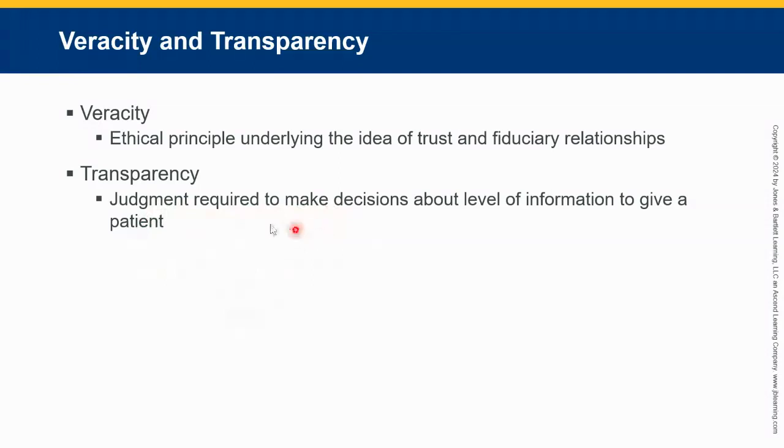That is a judgment required by you to make a decision about how much information you're going to give to a patient. And it can vary depending on the patient's literacy level, comorbidities, education level, age, multiple things here.